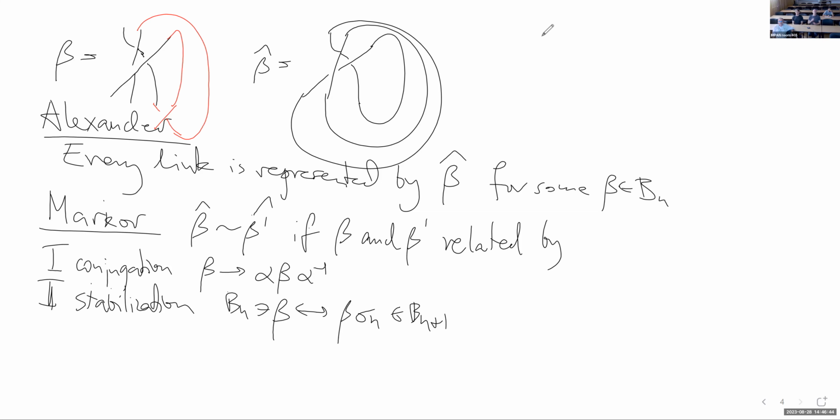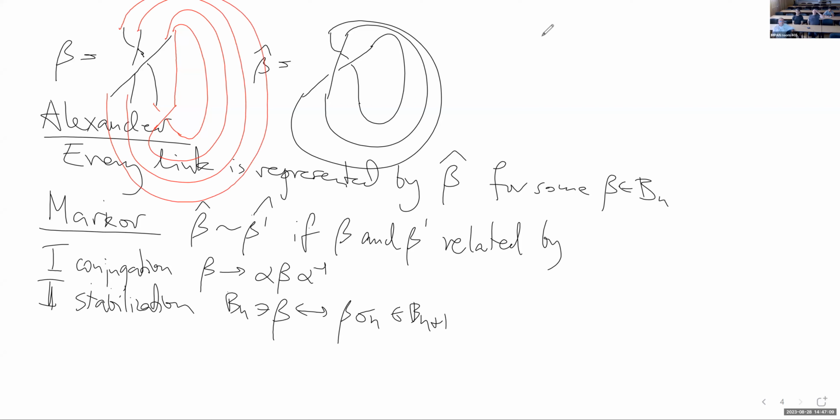This is the proper weight. So this is beta sigma_n. And now I do the closure. But you see, this goes like this. My drawing is terrible here, but now you can see that this loop can be totally undone. Make sense?